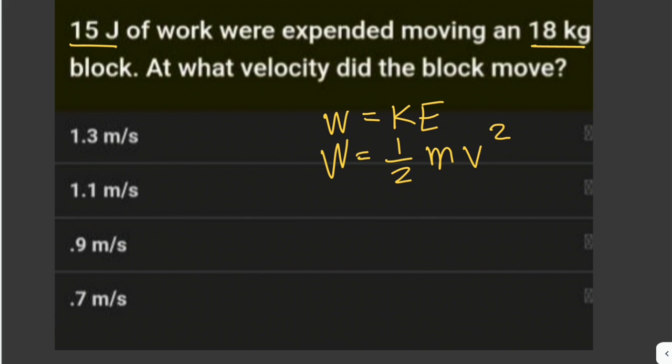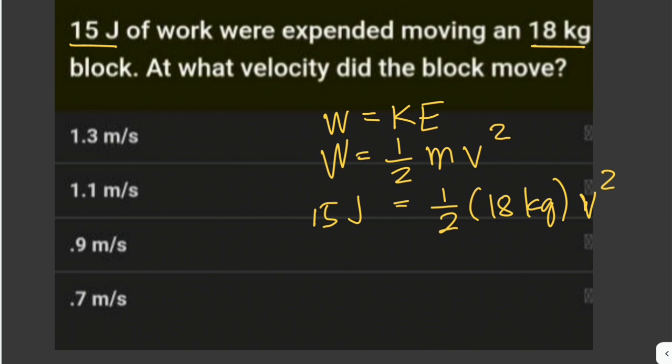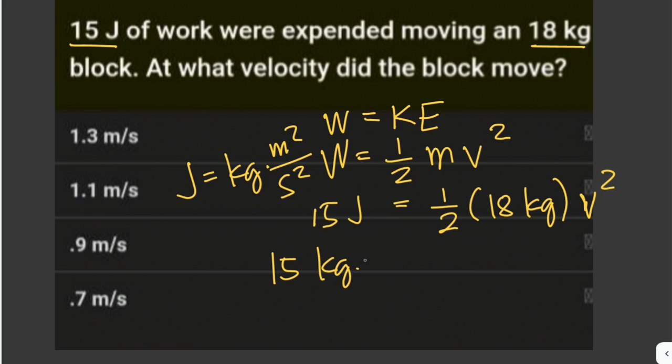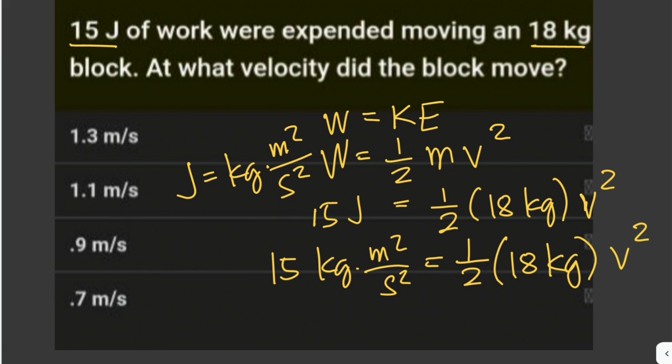So plugging in the mass of the block and the work done, this is 15 joules equals 1/2 times 18 kilograms v squared. Take note that joules is equivalent to kilograms meters squared per second squared. So this is just 15 kilograms meters squared per second squared equals 1/2 times 18 kilograms velocity squared.